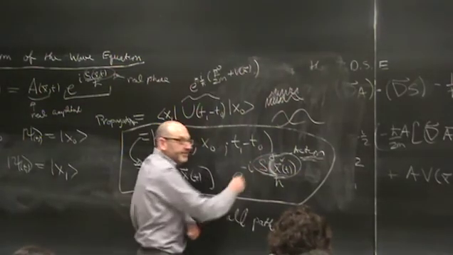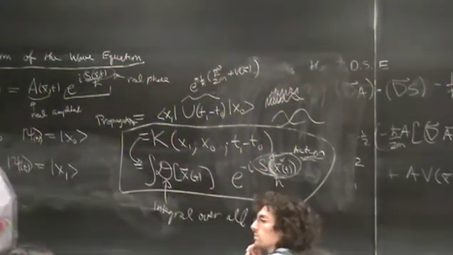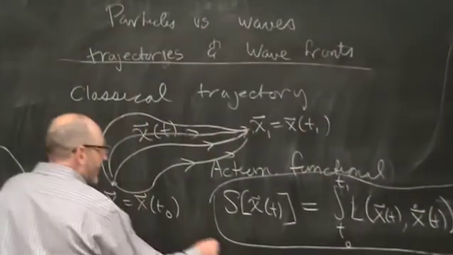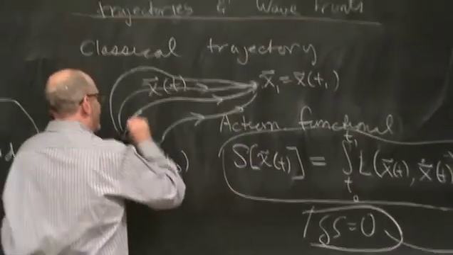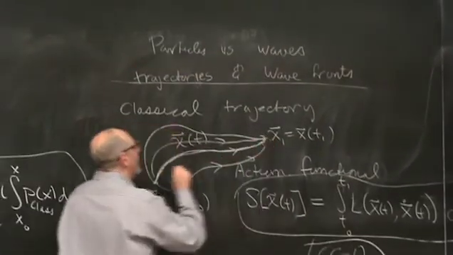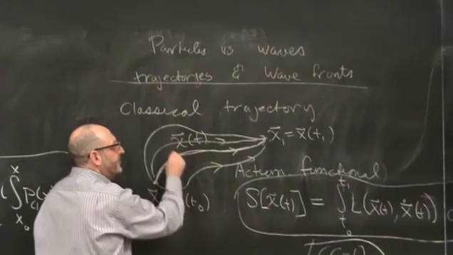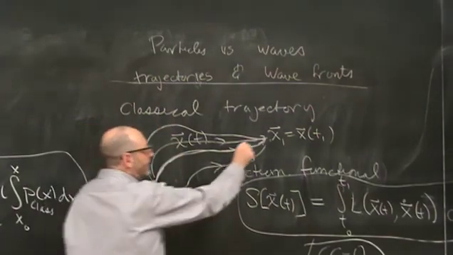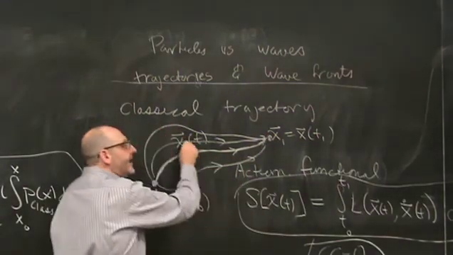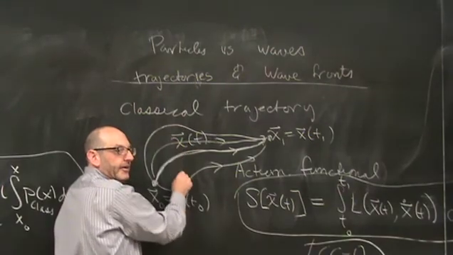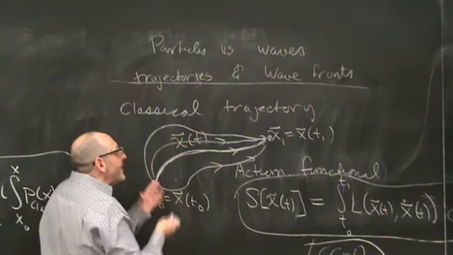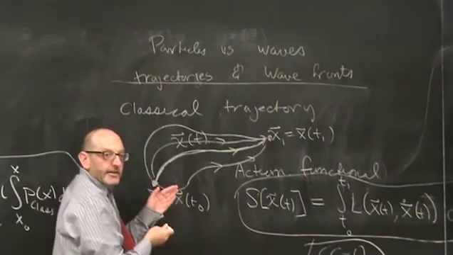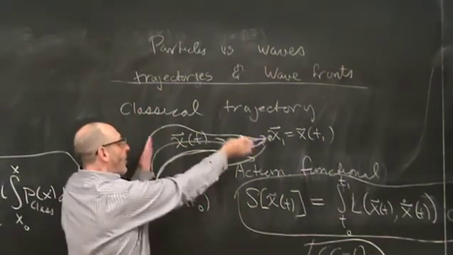Classically, the trajectory is the one that gives us stationary action, and that's this path. But quantumly, all possible paths contribute to going from here to here, and they interfere with one another. When I have the geometric optics limit, there is a dominant ray, but in general, all contribute.